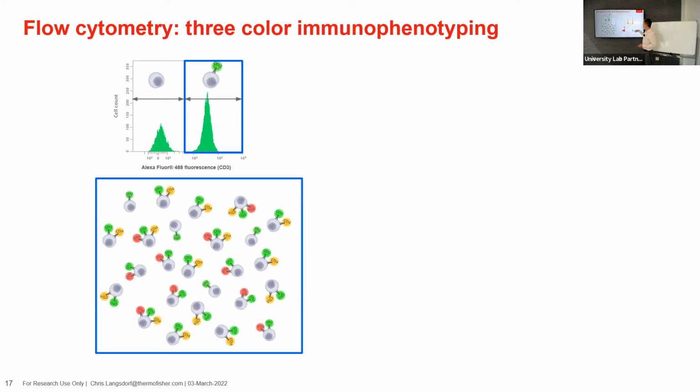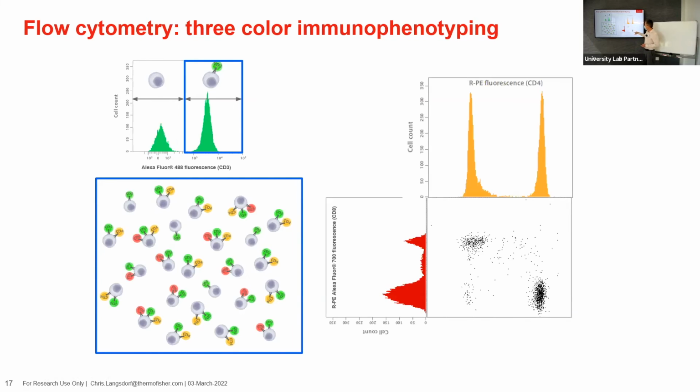And so, again, as I mentioned, we can take two histograms and turn it into a dot plot. It's essentially a different way of visualizing the data. Now we can see our cells that express CD4 and our cells that express CD8, and some interesting cells here in the middle that express both. Are these doublets? Maybe we should use that CytPix instrument and go see what the answer is. We don't know.